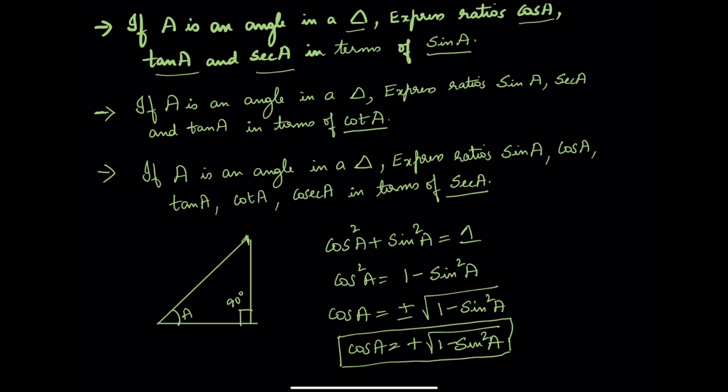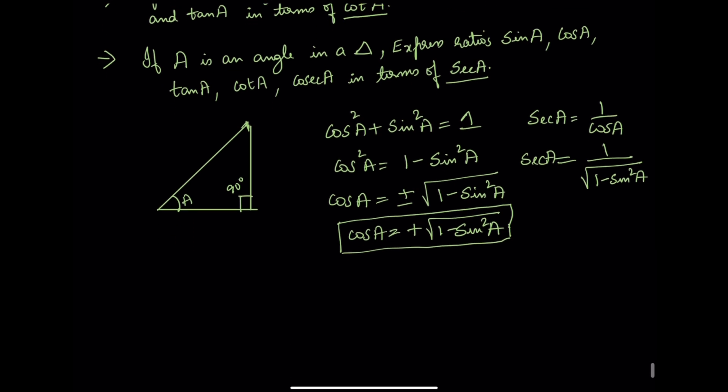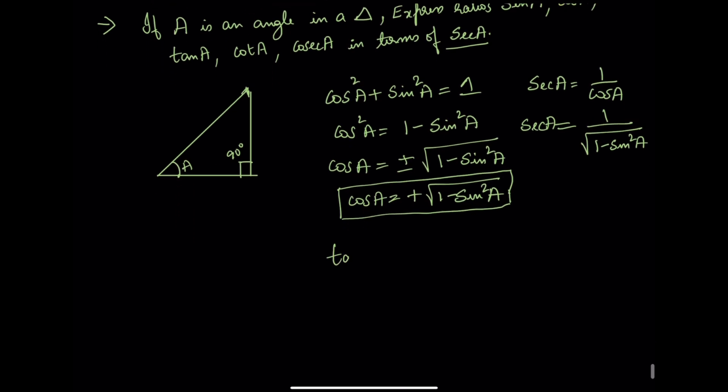Now let's try to represent secant A. So secant A is nothing but 1 by cos A. Now we already know the value of cos A from the previous solution. So we'll write secant A is 1 by square root of 1 minus sine square A. So this is simple. Now let's address tan A. So what is the definition of tan A?